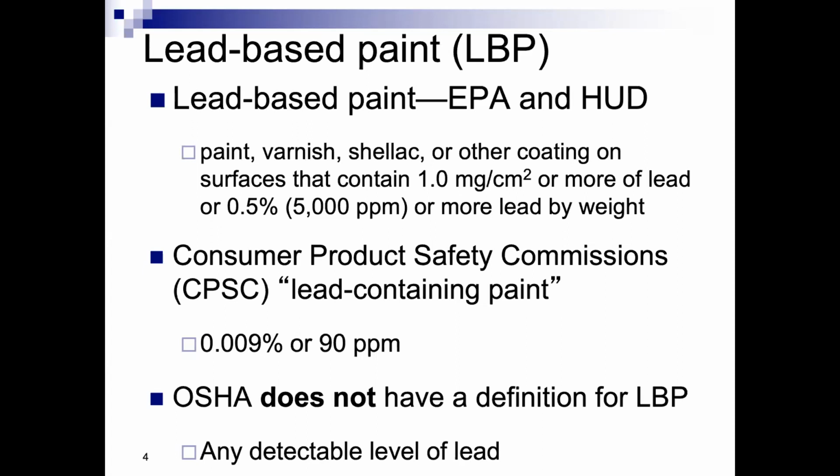So they say any detectable level of lead, then the competent person, which is something that an OSHA standard requires for the employer, has to determine either through air sampling or by historic information whether that item that contains lead, if they disturb it, grind on it, sand on it, cut it, will generate lead at a certain level in the air to expose the worker. Okay.